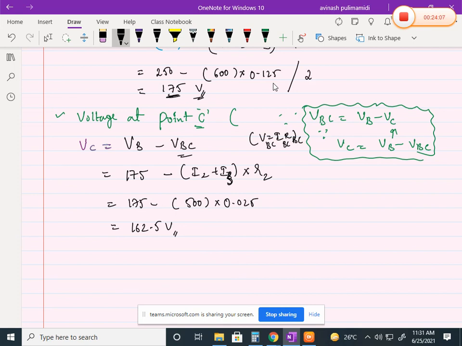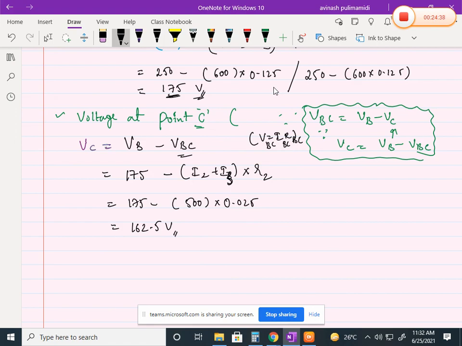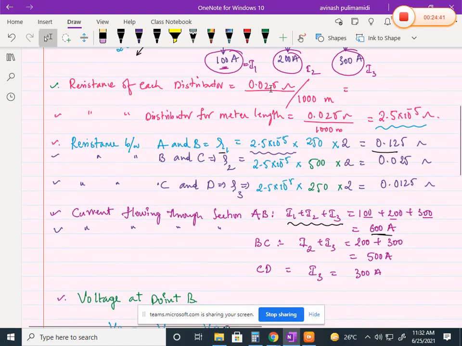Is it correct? 250 minus 600 into 0.0125. Sorry, it is 242.5. This is wrong.